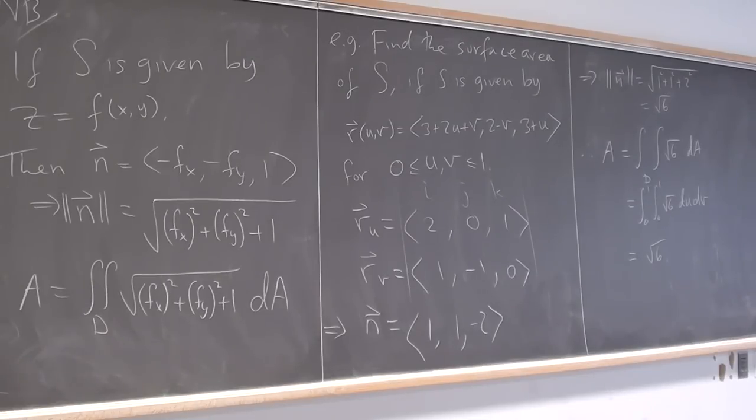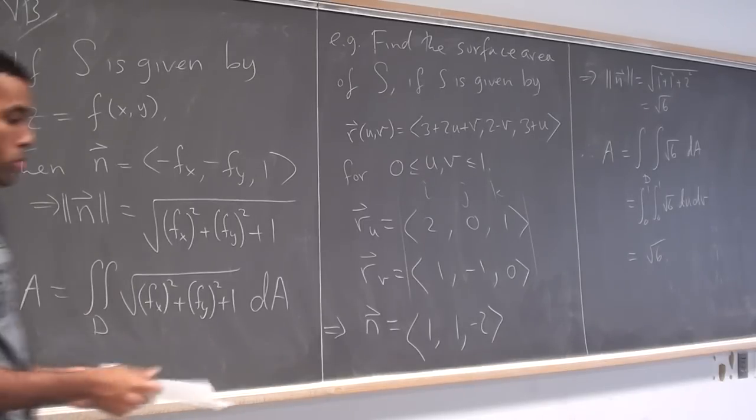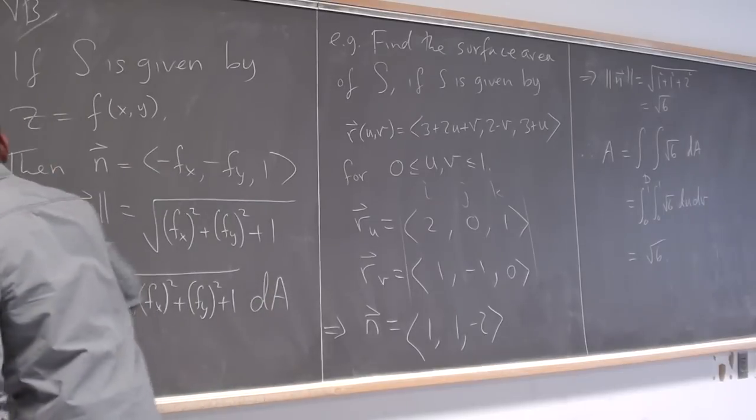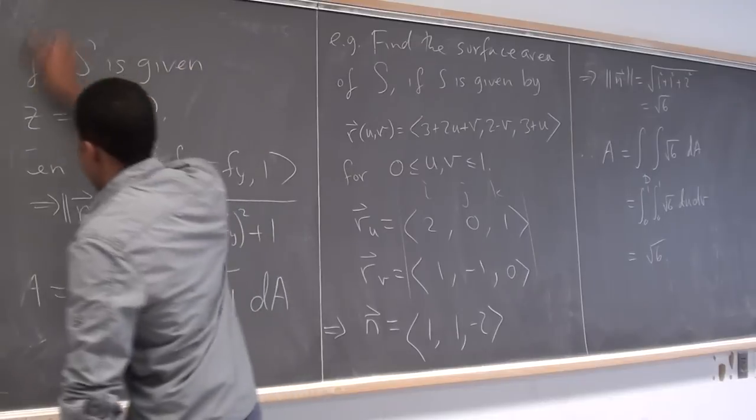Actually, it's unit scale. So in that case, if you know the formula for the surface area of a sphere, you could just use it. But if you don't know, you can actually still figure it out, and that's what we're going to do.